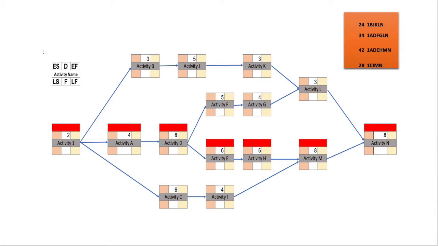So the longest path is 42 days. The minimum time required to complete this project is 42 days, and our critical path is 1, A, D, E, H, M, N.